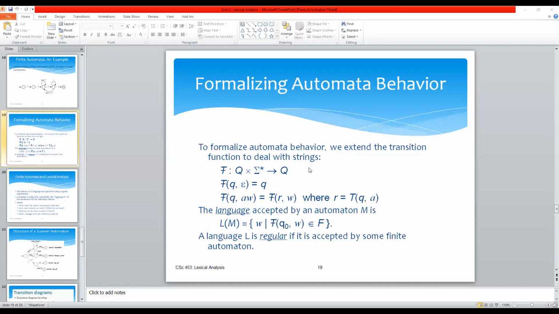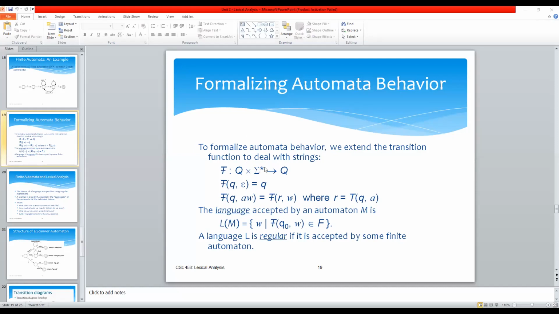So let us move towards the slides again. We already know this behavior of the automata: whenever we reach the final state, the language is accepted with the given input string.